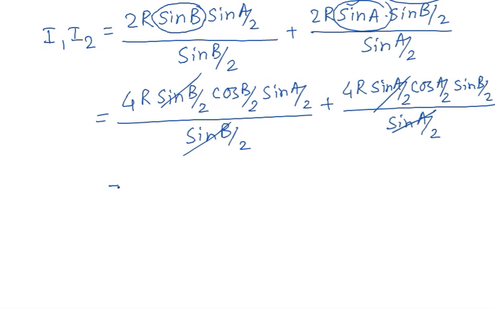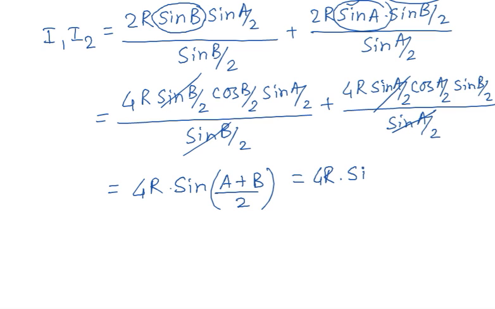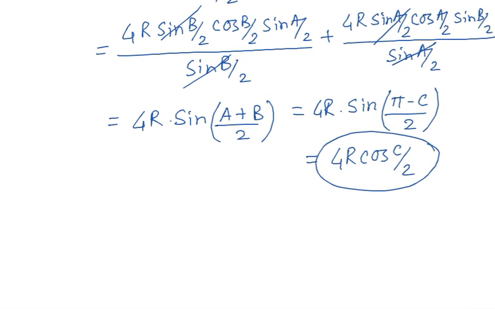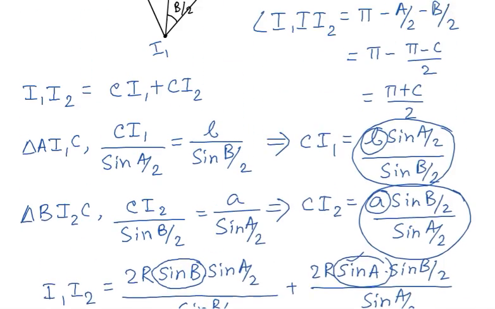So the two values will be clubbed and it will become 4r into sine A by 2 cos B by 2 plus cos A by 2 sine B by 2. They will be added using compound angle formula, and that will give us sine A plus B by 2. Okay, and A plus B can be written as pi minus C. So sine pi minus C by 2 can be simplified to be equal to 4r cos C by 2. So we have got the particular side length I1 I2 to be 4r cos C by 2.